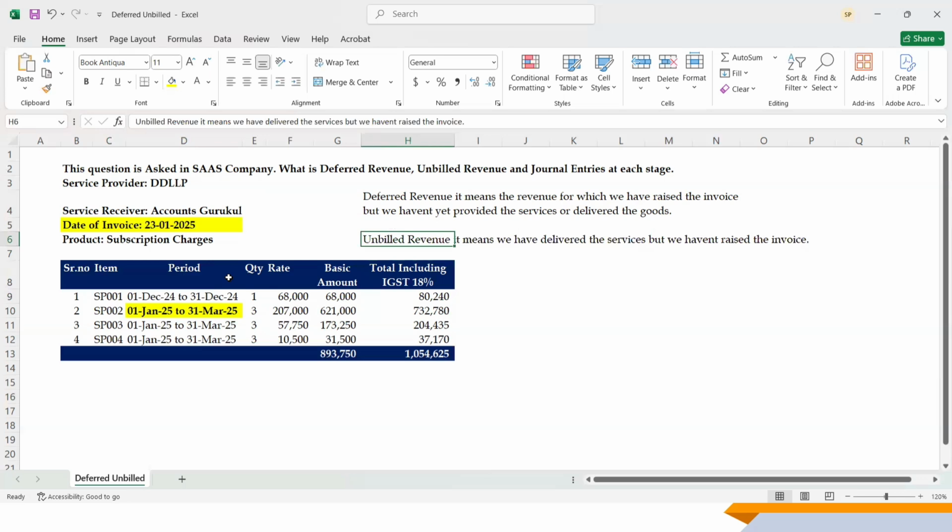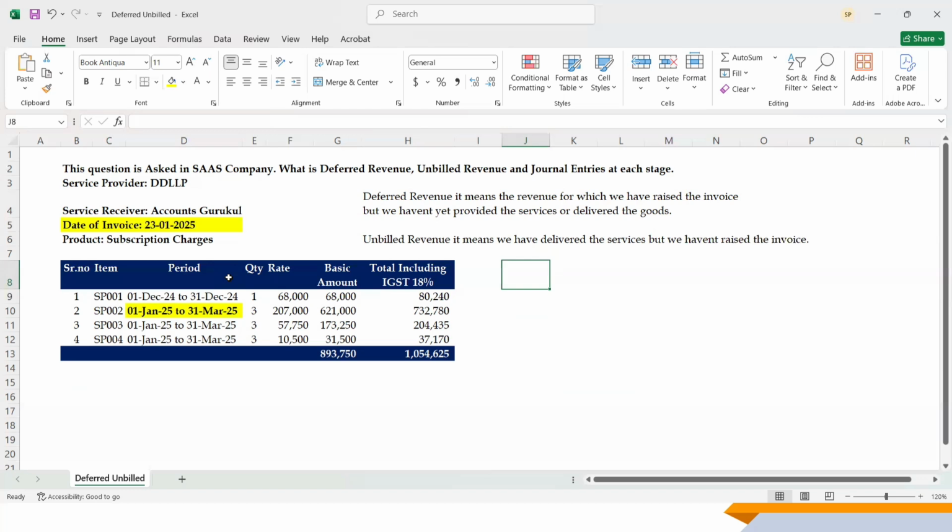Here we have provided the services, we have rendered the services, we have delivered the goods, but we haven't raised the invoice for that. That's the meaning of unbilled revenue. And it's the opposite of deferred revenue: in deferred revenue, we raise the invoice, but we haven't delivered the services. In unbilled revenue, we deliver the services, but we haven't raised the invoice.